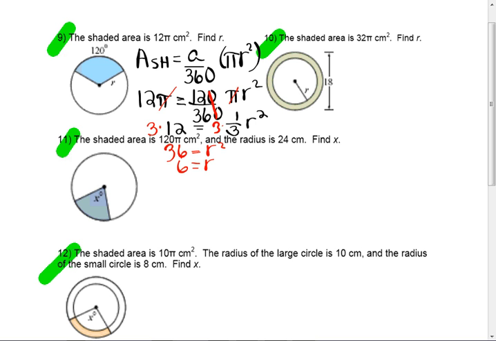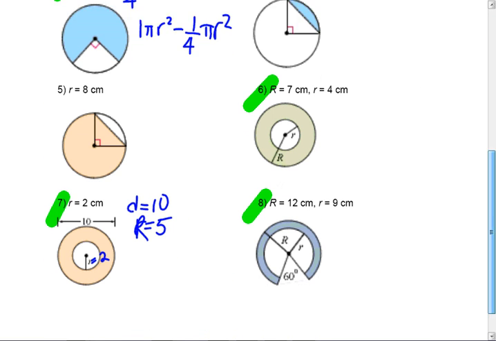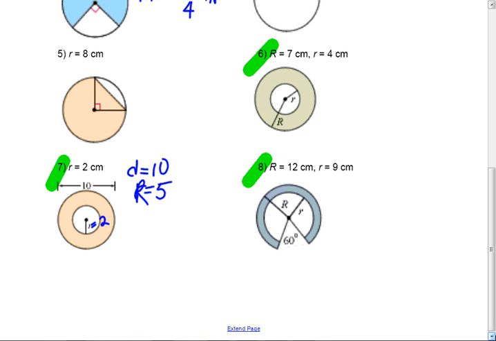What's the problem? On 8, we can go back and look at 8. Okay, what's the fractional part?